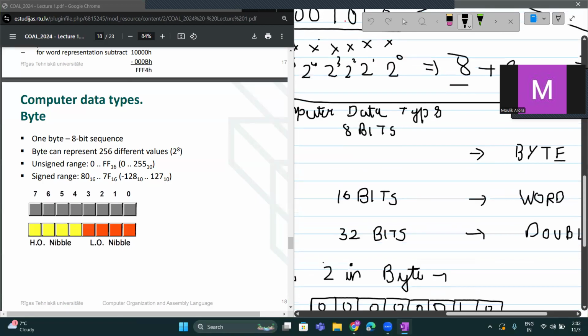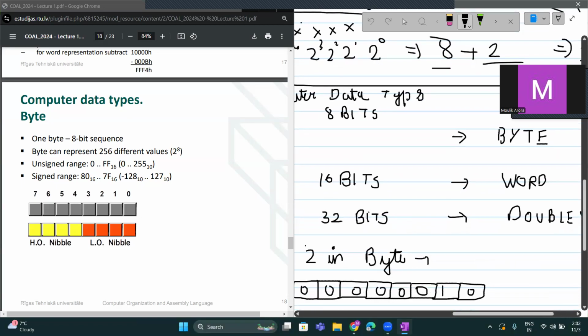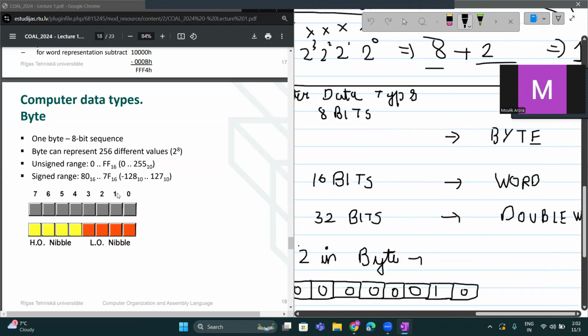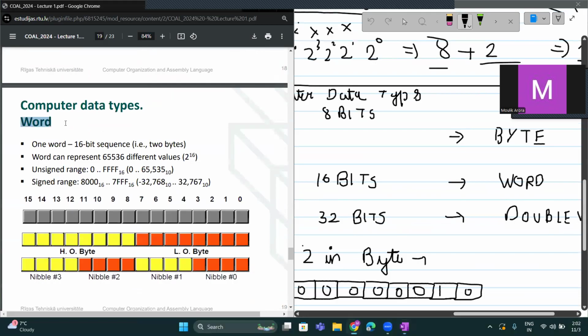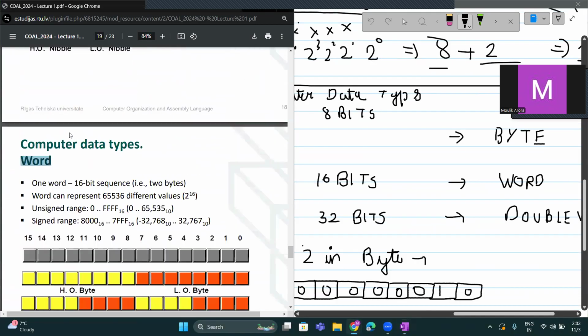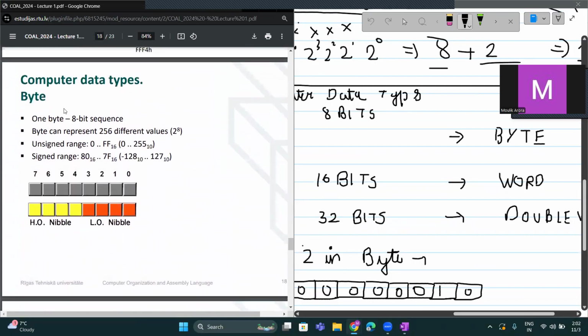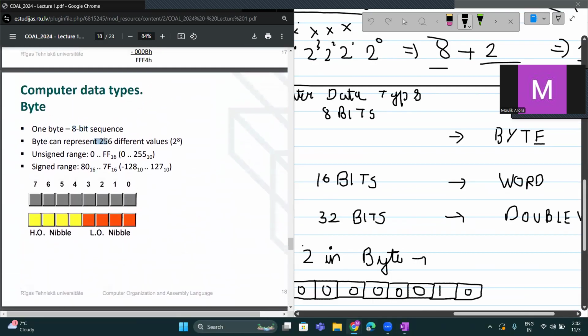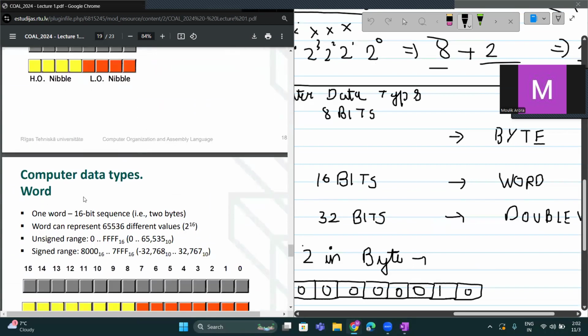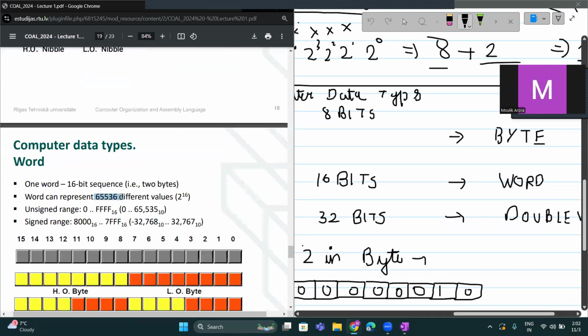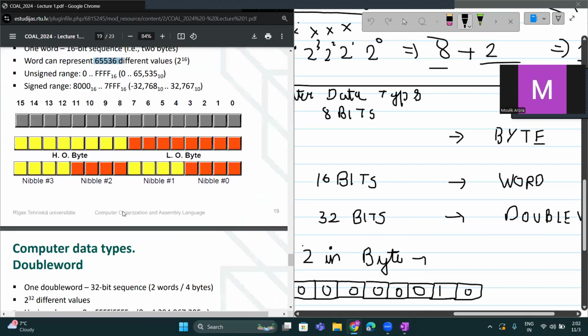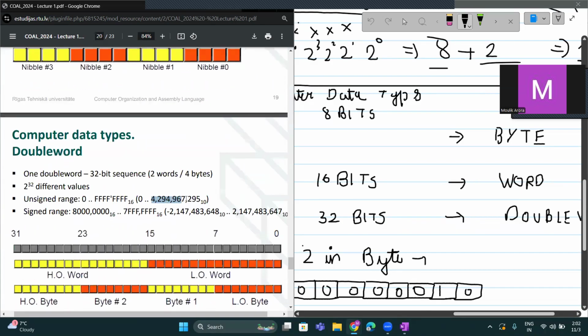Similarly, 16 bits can be named a word, and 32 bits are known as a double word. See it here: byte, word, double word. In a byte there are 8 bits and 256 possible values. In a word, this many possible values, and in a double word, these many possible values.